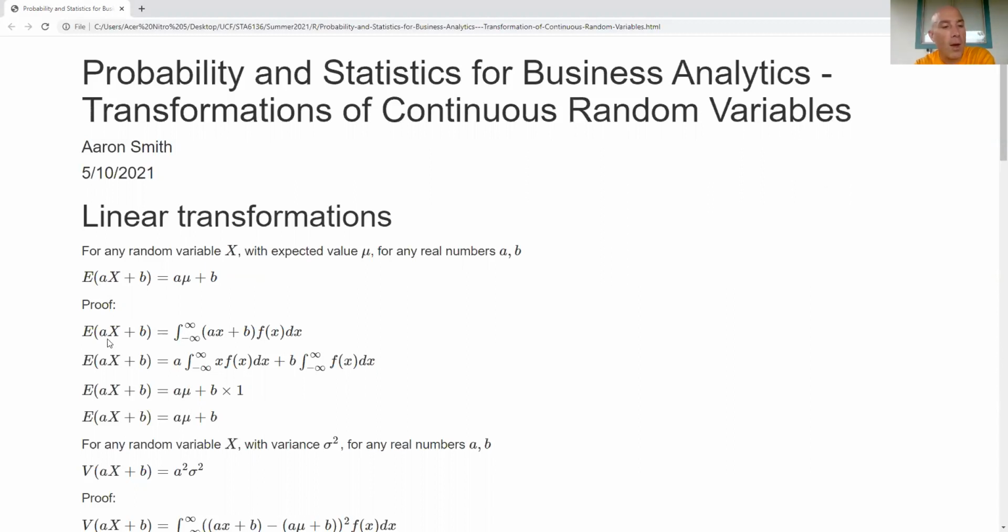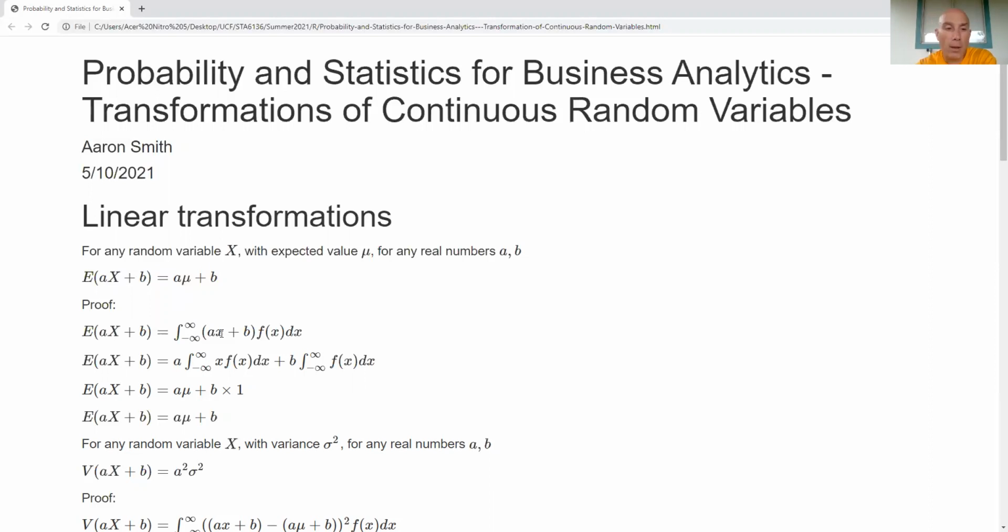It's beautiful. The expected value of a function is just the function times the density, and then I integrate over the entire possible range of values. That's just standard.